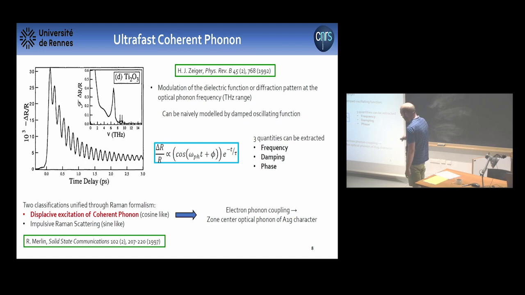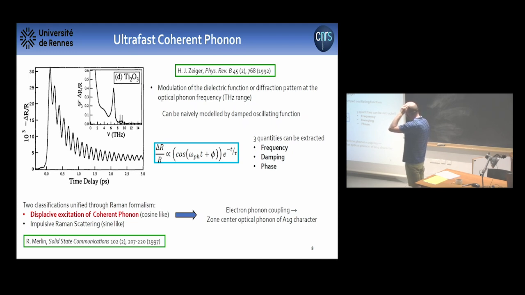Turns out, through this publication from Merlin, that you can unify everything through the Raman formalism. But what you have to keep in mind is that when you do this really simple analysis, optically speaking, you will be mostly sensitive to the zone center optical phonon of A1G character, right?